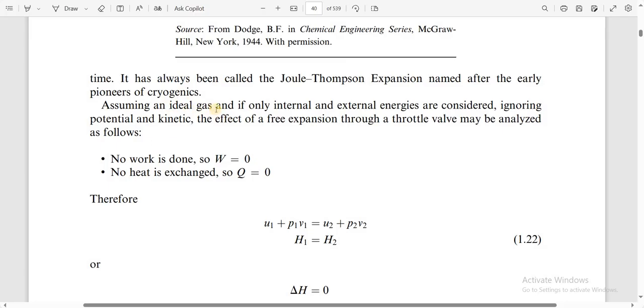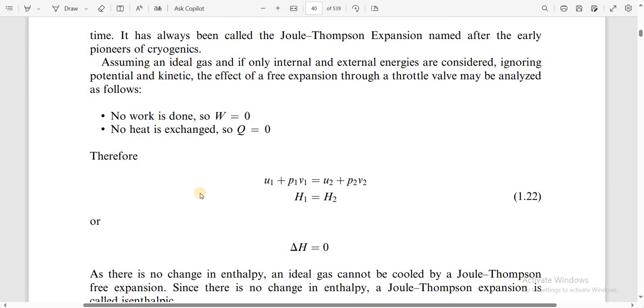Assuming an ideal gas, and if only internal energies are considered, ignoring potential and kinetic, the effect of free expansion through a throttle valve may be analyzed as follows. No work is done, so W is 0, and no heat is exchanged, so Q is 0. Therefore, initial U1 plus P1V1 equals U2 plus P2V2, which is enthalpy 1 equals enthalpy 2, so the difference in enthalpy is 0.